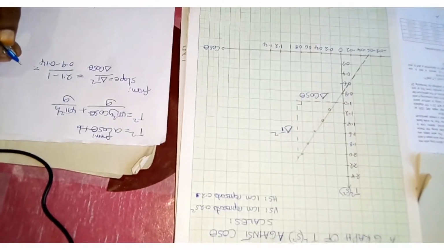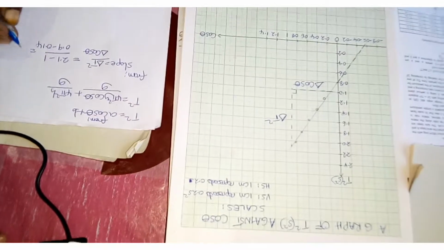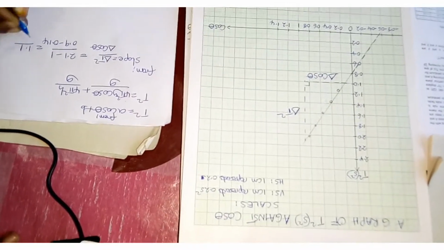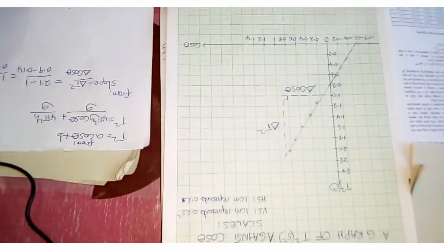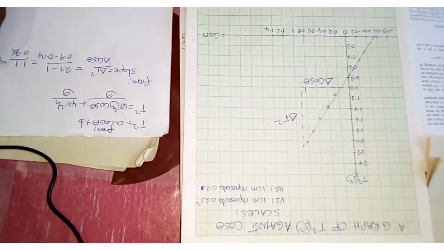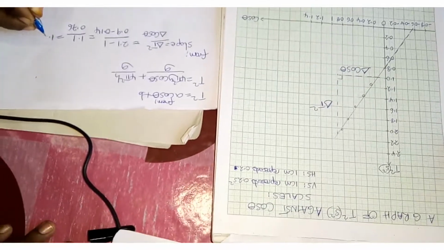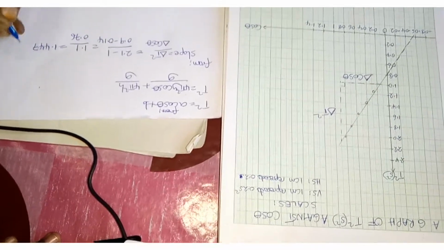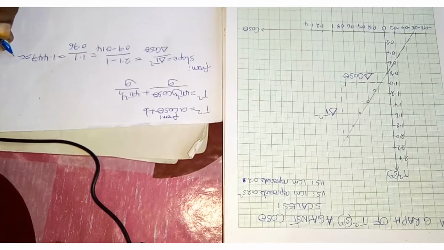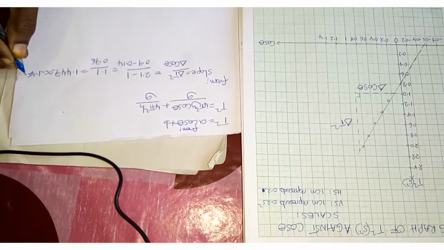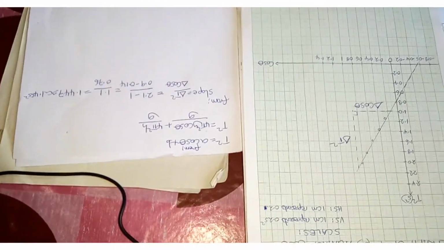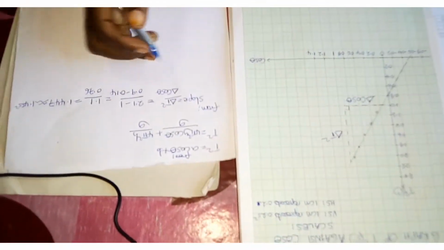Here we have 1.1 dividing by 0.76. On calculation we have 1.447, which is approximately 1.45 second squared. So this is the slope of the graph.